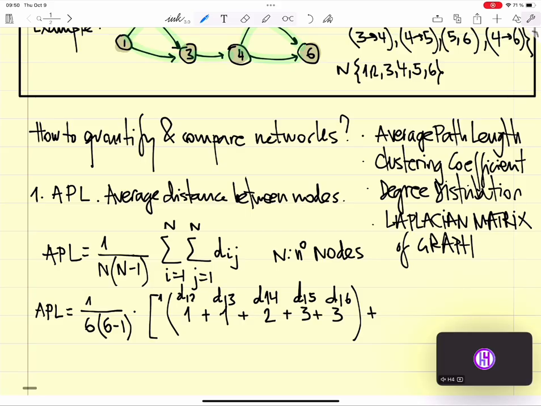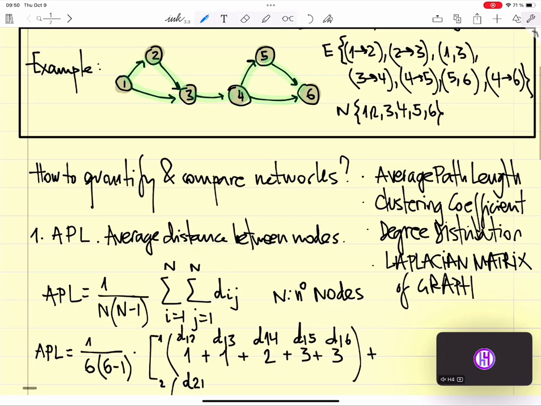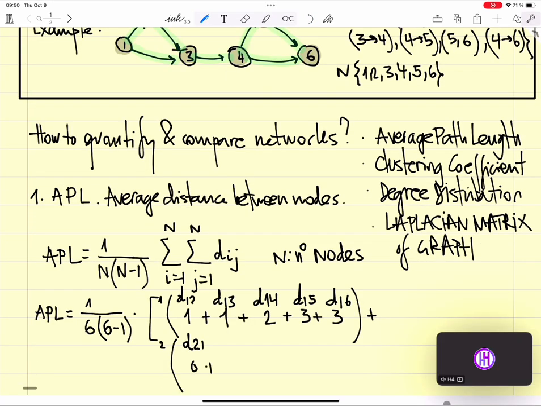Then node 2. The distance between 2 and 1. Look at the graph. Can you go from 2 to 1? No, it's only one direction, okay? So there is no distance between 2 and 1, so 0. Distance between 2 and 3 is 1.